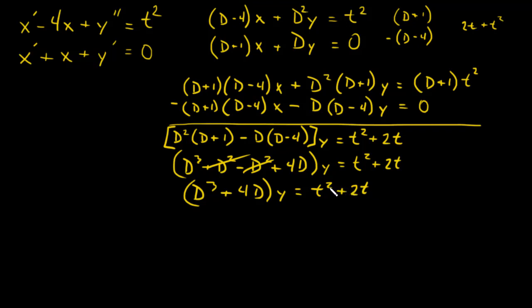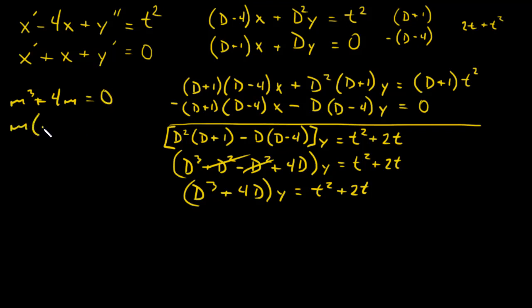Okay, so now that I've got it into this form, I'm ready to start factoring this, put it into the auxiliary form, and try to solve for it. So if I solve for it, I'm going to rewrite it up here. m cubed plus 4m equals 0.